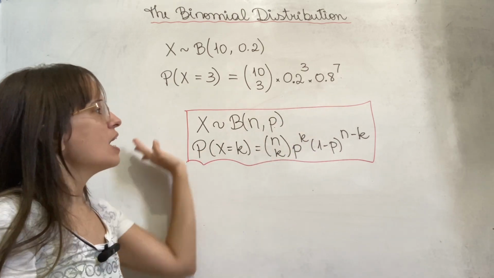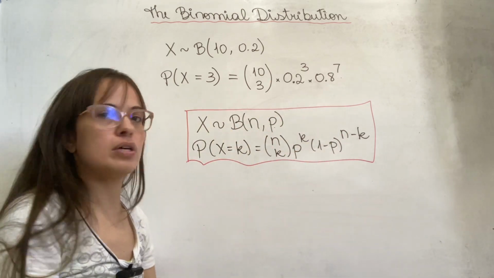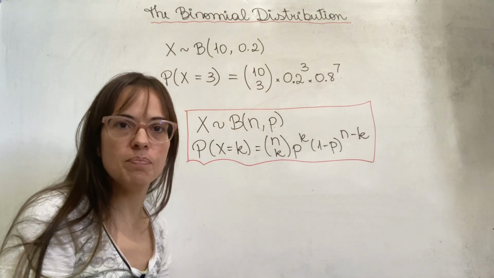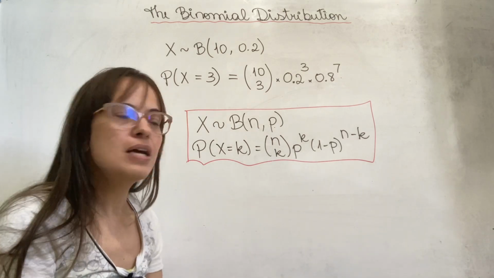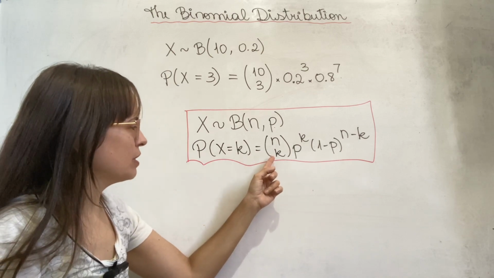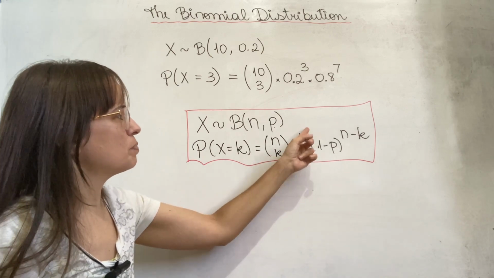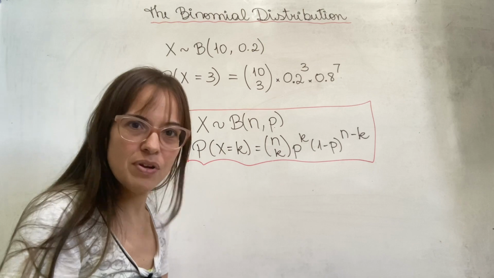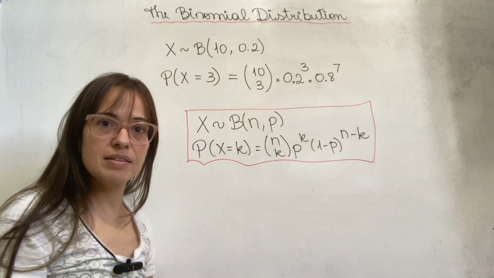But notice how much this looks like the binomial theorem. It doesn't just have the same name, it looks exactly the same. It has a binomial coefficient, it has something to the power of k, something to the power of n minus k, exactly like the other thing.